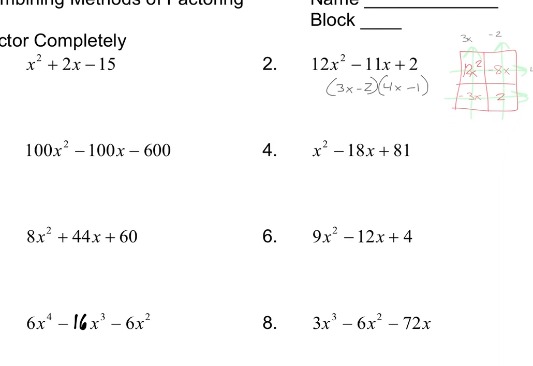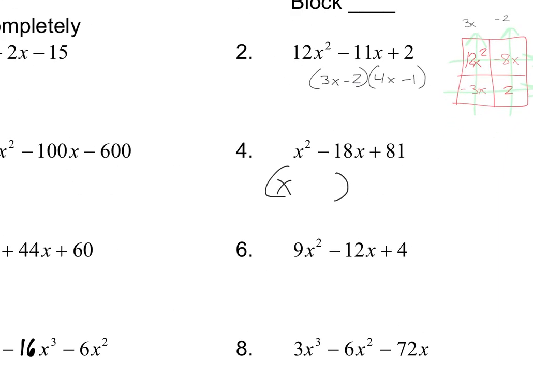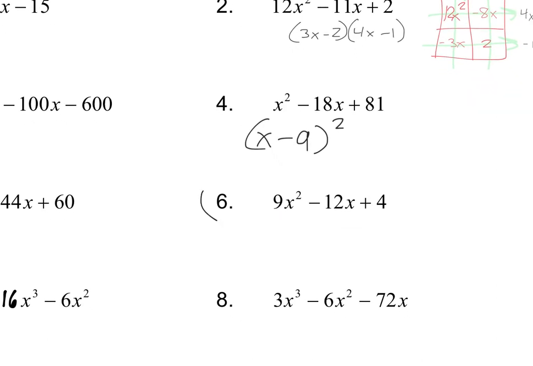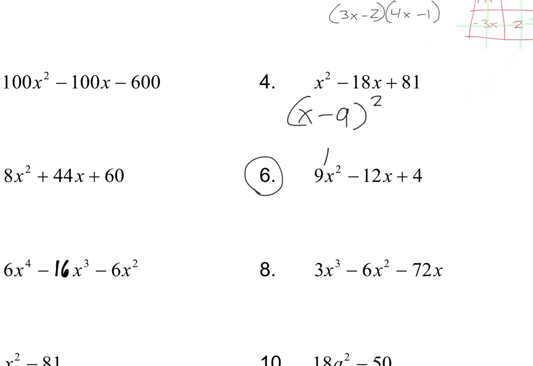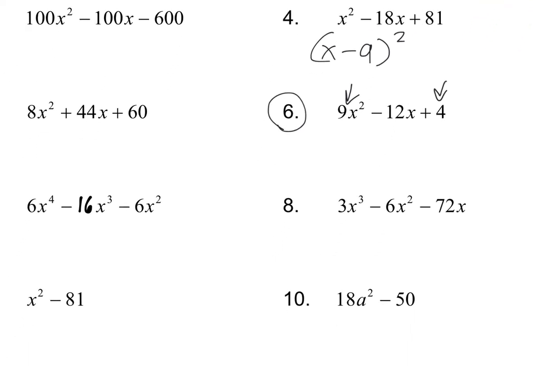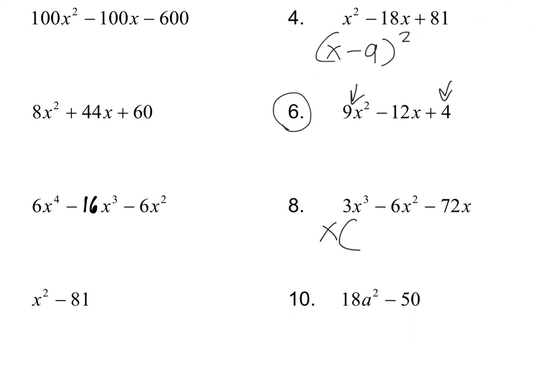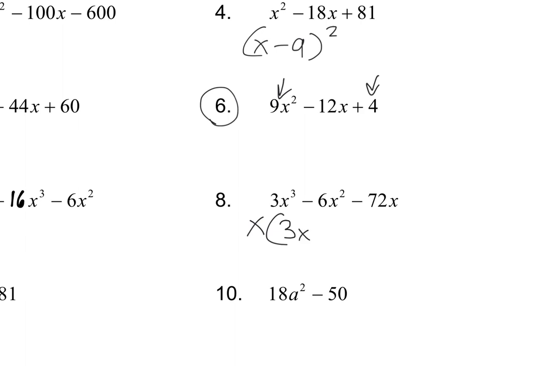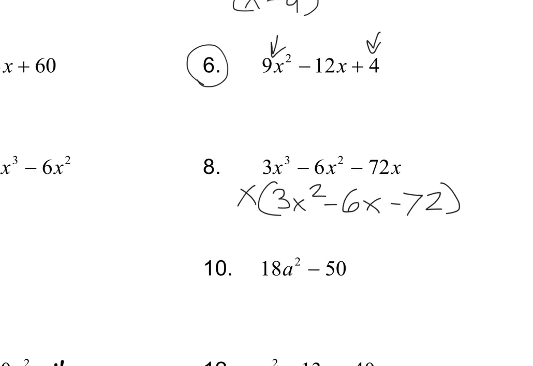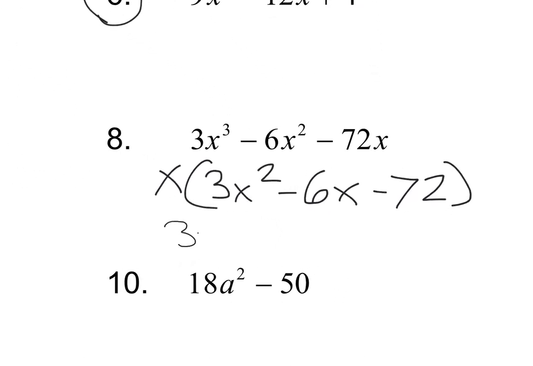But also on this page, you might see some special cases, or you might not. You know, you can check that one. It could be a special case because that got perfect square, perfect square. This one has a GCF of x to get started. And a GCF of 3.